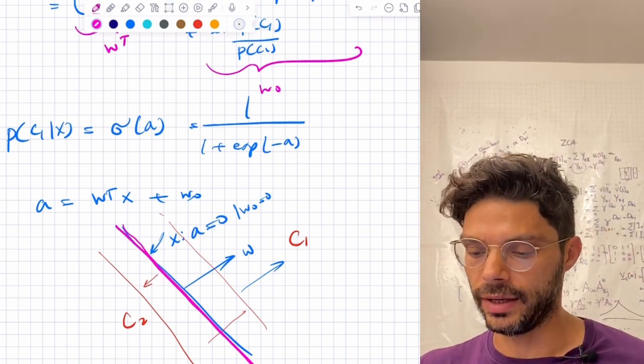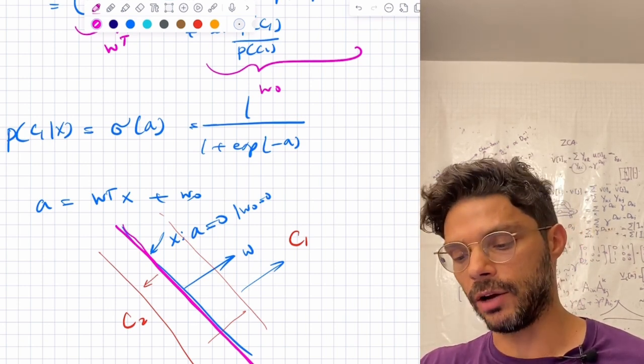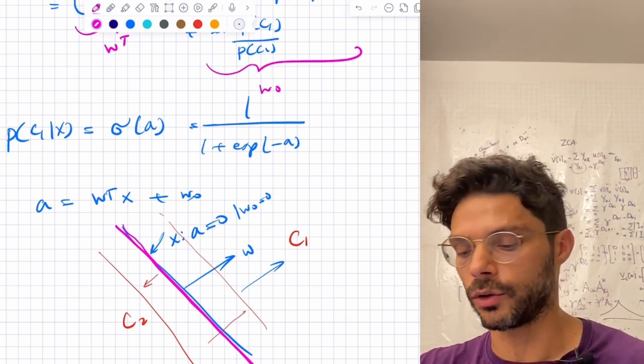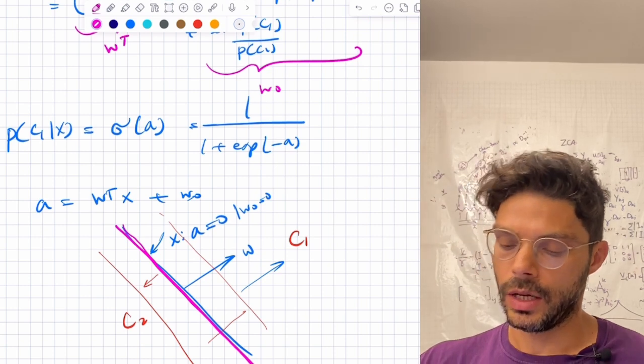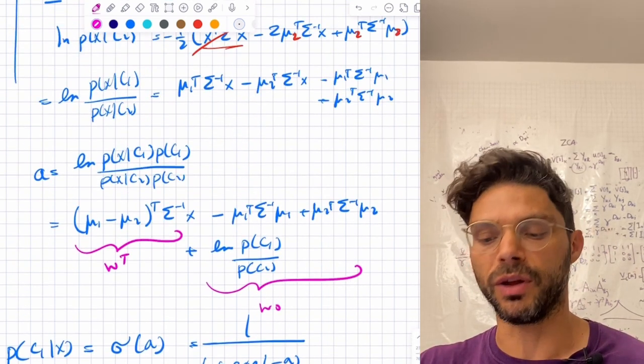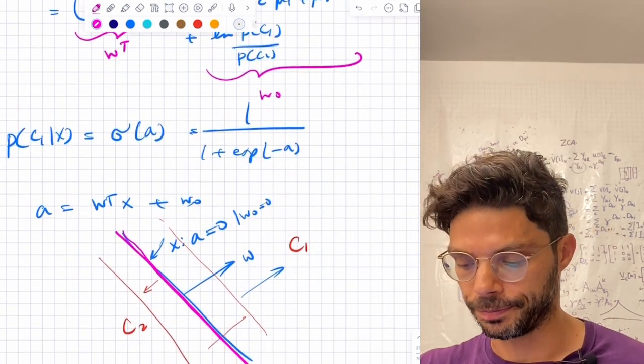Okay, so the whole idea here is that, look, when we got these decision boundaries before, with Fisher's discriminant or linear regression, whatever it was, the perceptron, well, we can also get it in a different way if we assume that our classes have a particular conditional distribution.